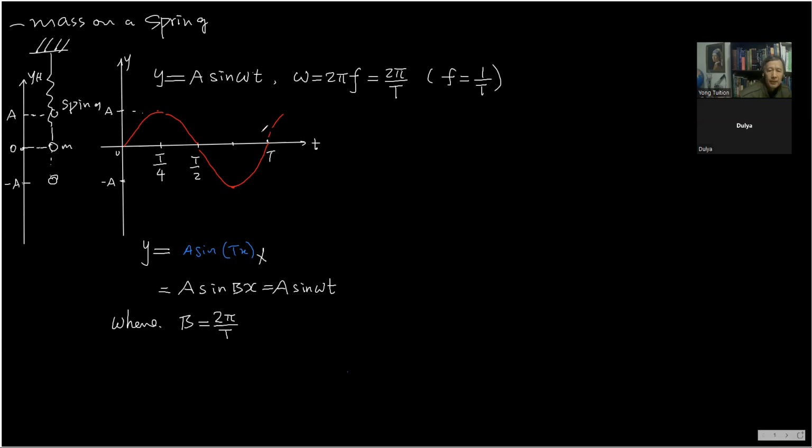So in physics, we prefer to use omega. Omega is called angular frequency because it's proportional to frequency.